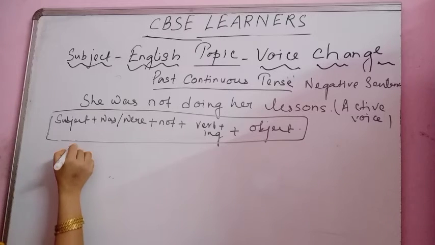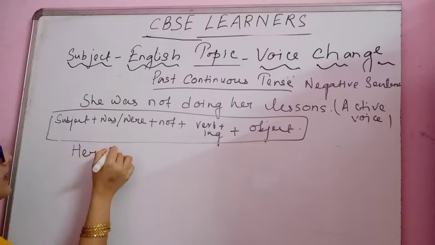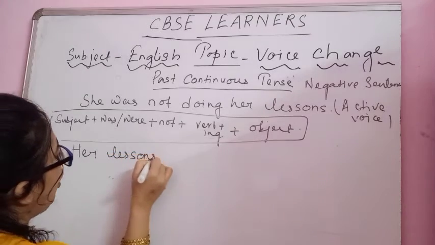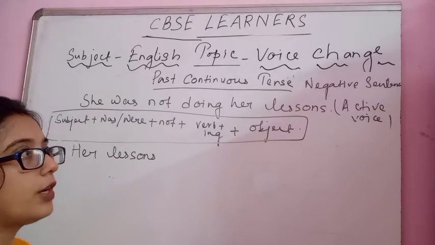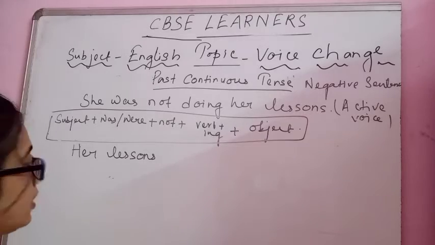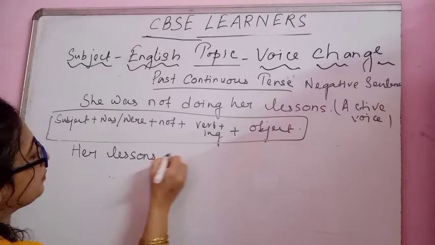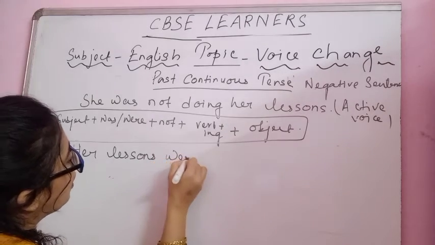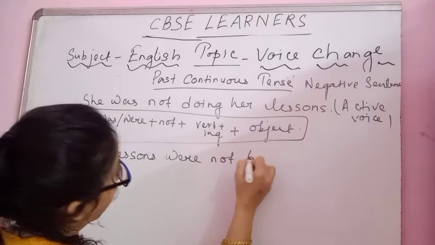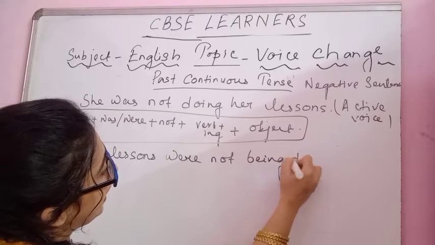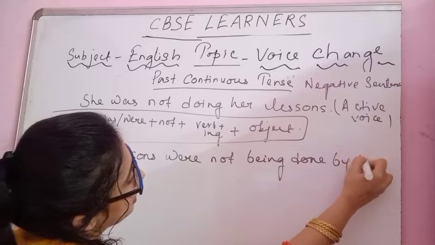Now we'll be changing it into passive. So her lessons will come at first, which is the object. And in case of passive voice, we'll be focusing on object, not on subject. Her lessons were not being done by her.